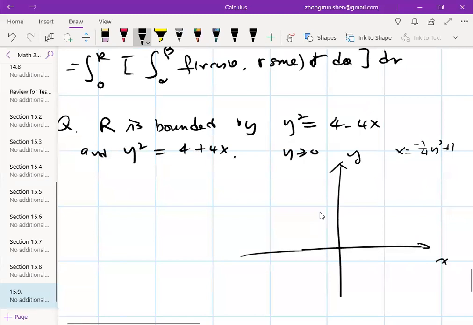This parabola opens to the left. When x equals 0, y is going to be plus or minus 2.